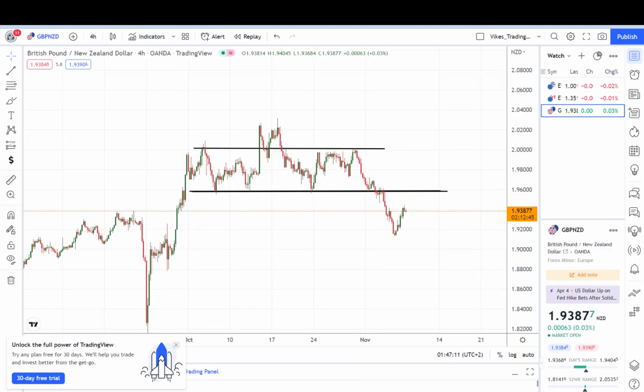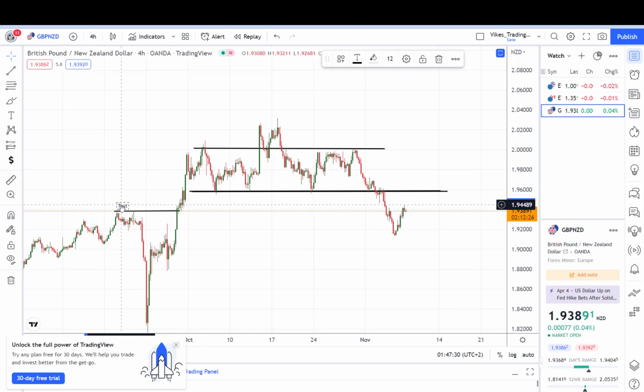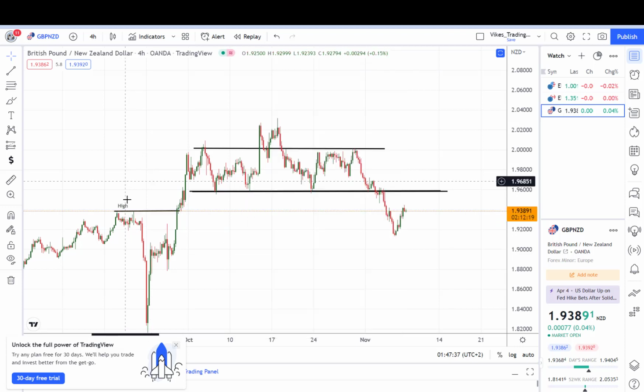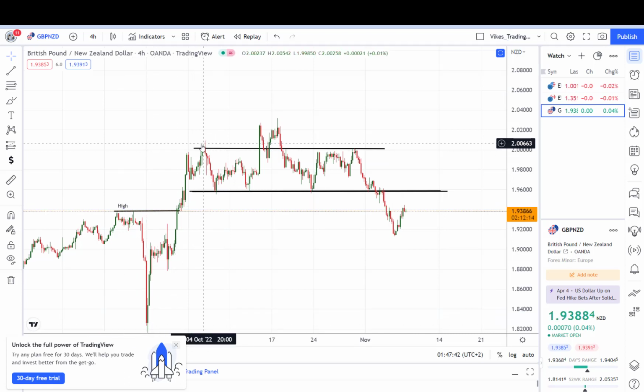This is GBPNZD. So we can see, this is our high, this is our low. Then we formed a high which is higher than this high.